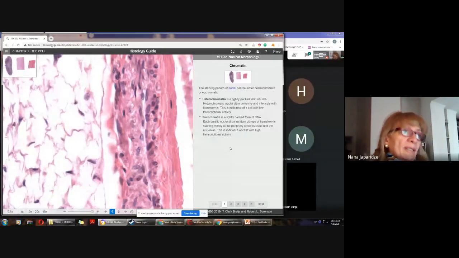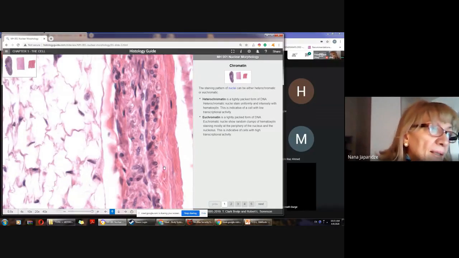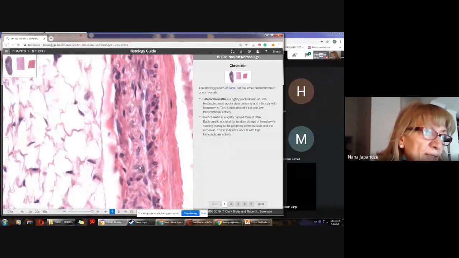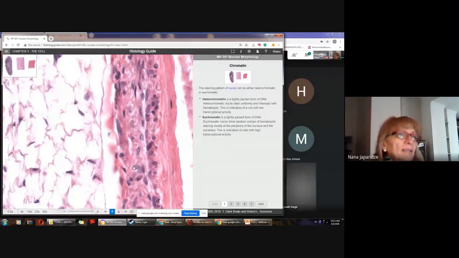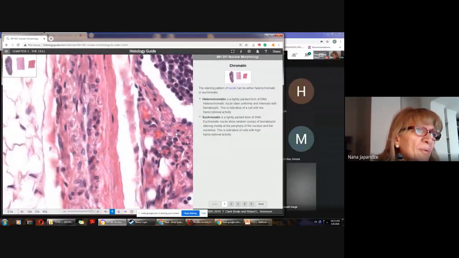But the prevalence, the most part of the nucleus, is light stained. For example, like here or there. So you can see these dark stained parts of the nucleus only on the periphery. Okay, why I have started to talk with you about this: to identify how we can identify nucleus.